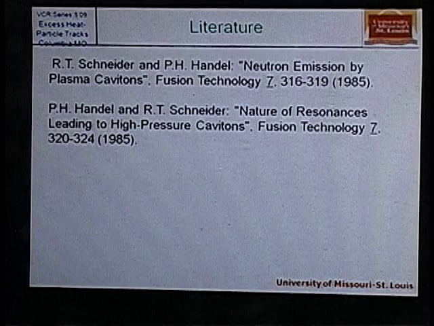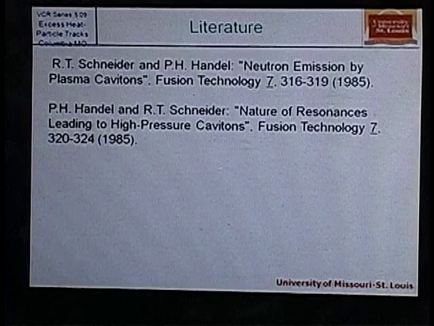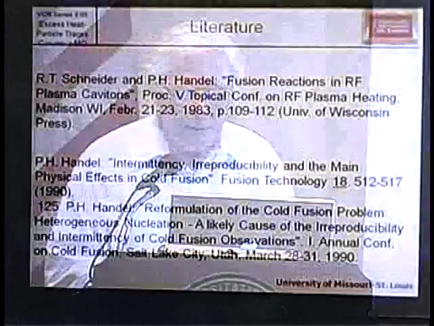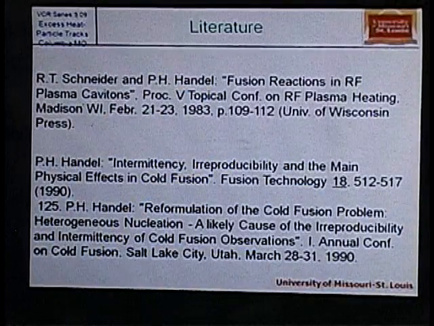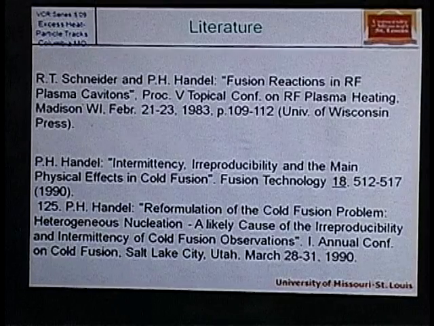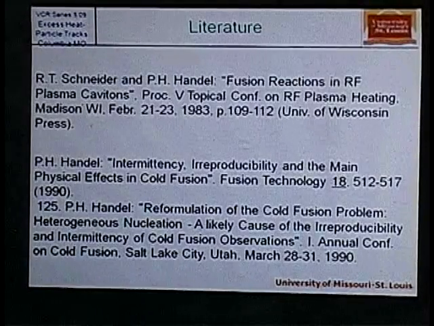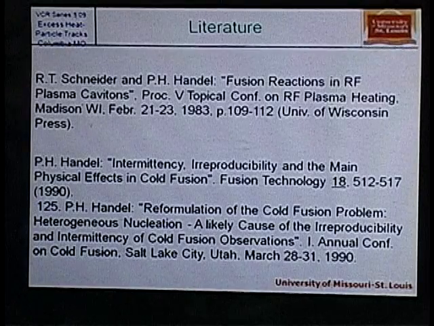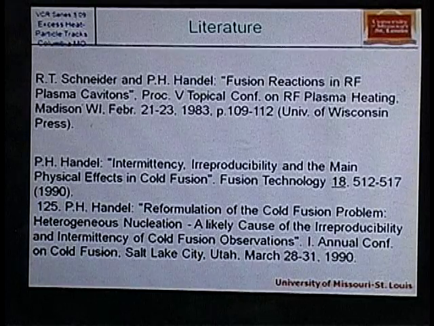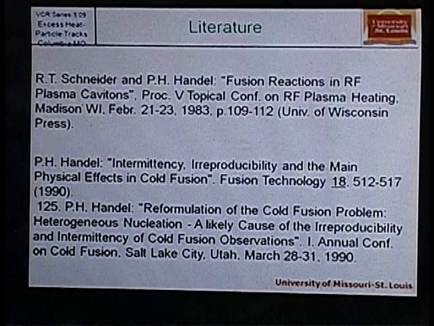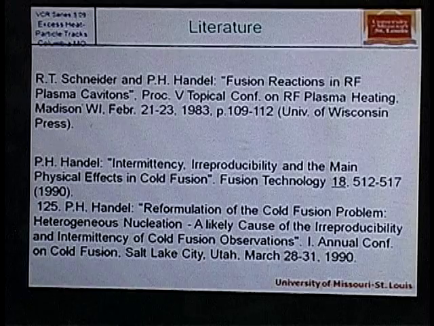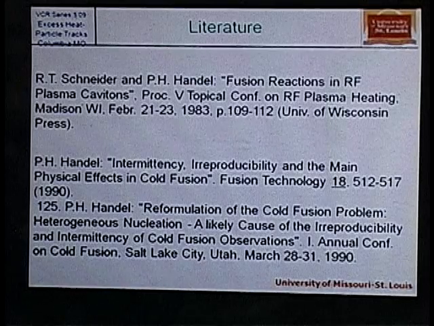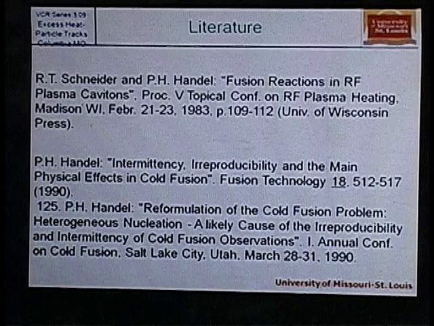in cavitonic hot fusion, together with Professor Schneider also in Florida. And then the work I did, I tried, of course, initially to explain the cold fusion result, the excess heat, by calculating the tens of orders of magnitude that can be obtained in increase, but still way too little, by taking into account the potential barrier for nucleation of hydrogen bubbles at the surface of the electrodes, or deuterium bubbles.